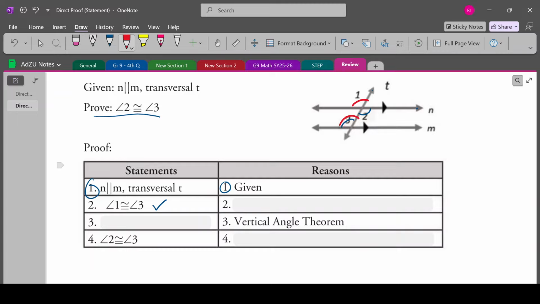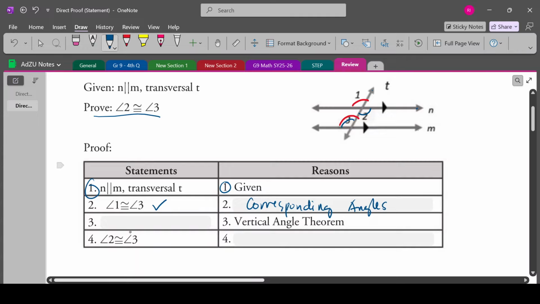If we are to think the relationship of these two, we call that corresponding angles. Number three, we don't have statement, we have reasoning. So the reason is vertical angle theorem.